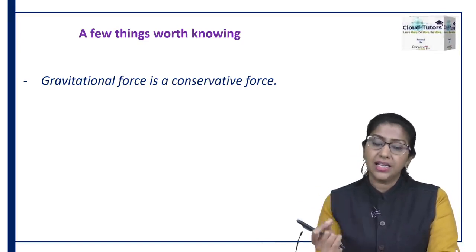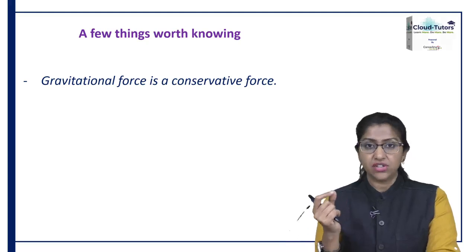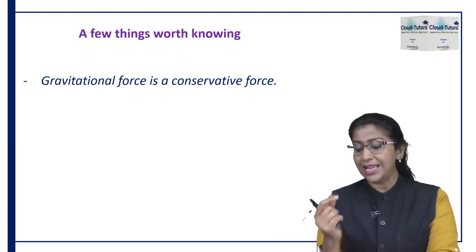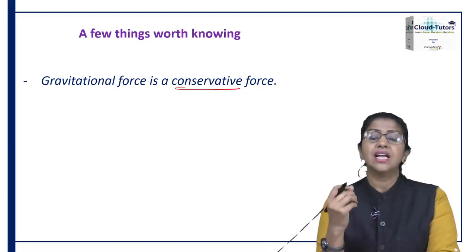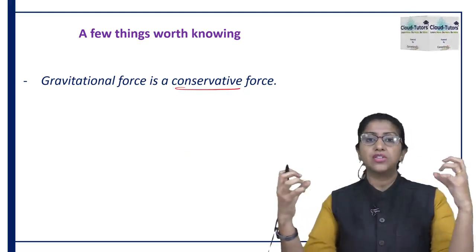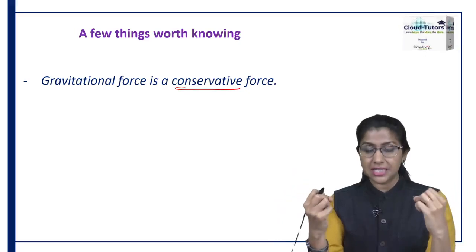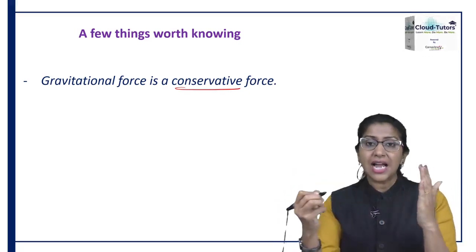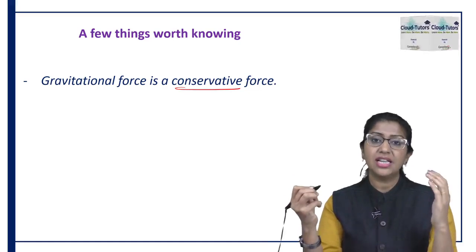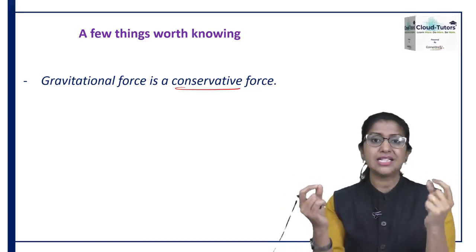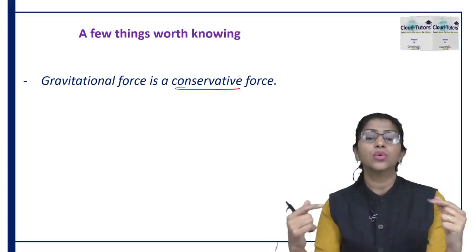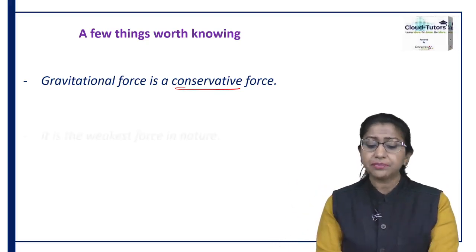Another important fact is that gravitational force is a conservative force. If there are two objects separated by a distance, it always acts along the imaginary line joining the two centers of these objects, and it is always directed towards each other, right?